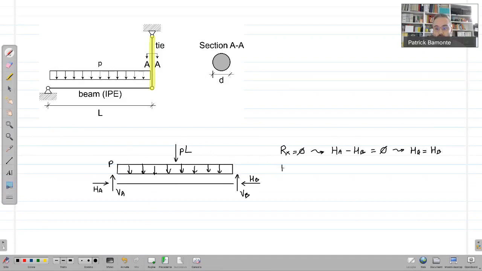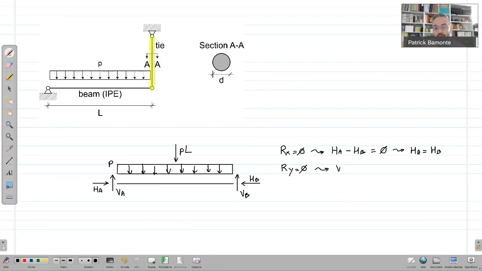As regards Ry, we know, as is usually the case, that the sum of the two vertical forces, VA and VB, which are directed upwards, must be equal to the applied load, which is directed downwards.